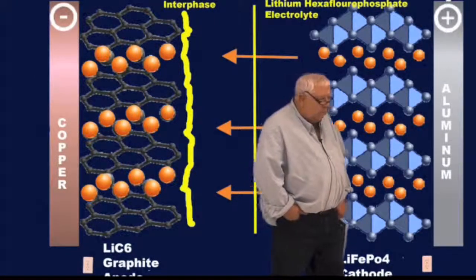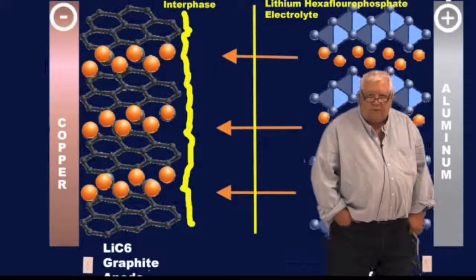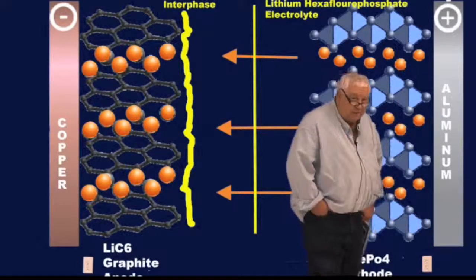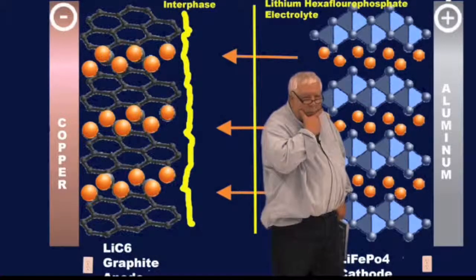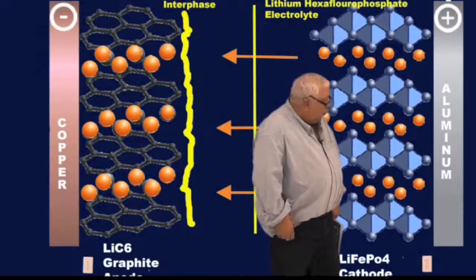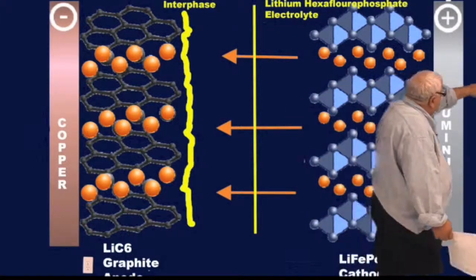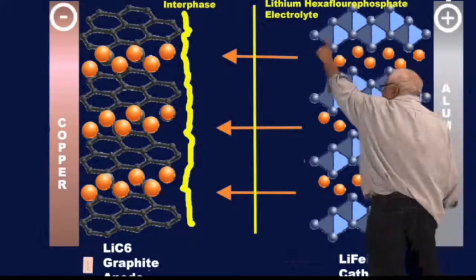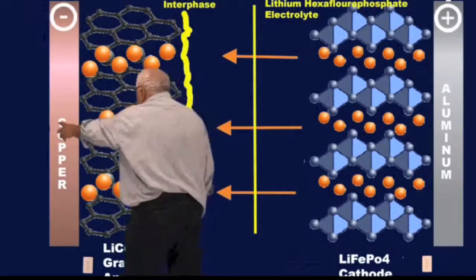And so that takes us to our first charge, and it's called the formative charge. It could be a series of them. They're done quite slowly, and I'll explain why in a moment. And what we do, if you can see in the circuit here, we go from the aluminum, we take electrons, and with a power supply, pump them all the way over here, and put them on our copper current collector.